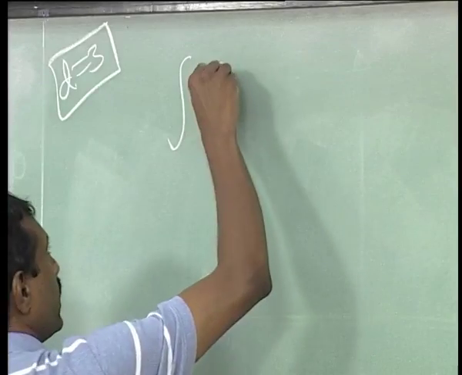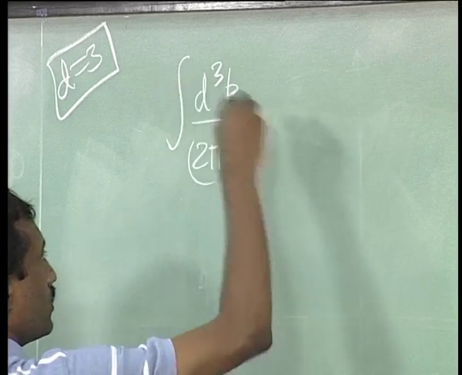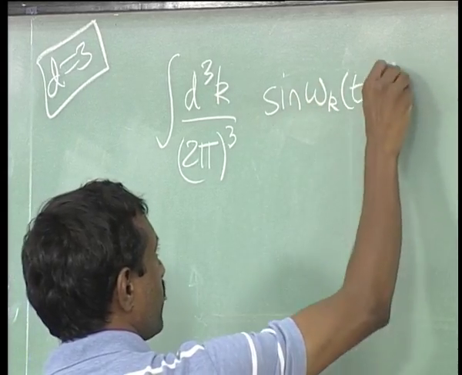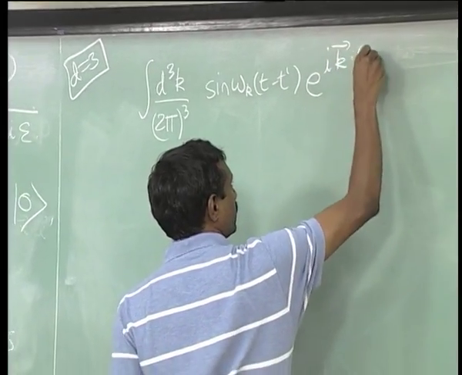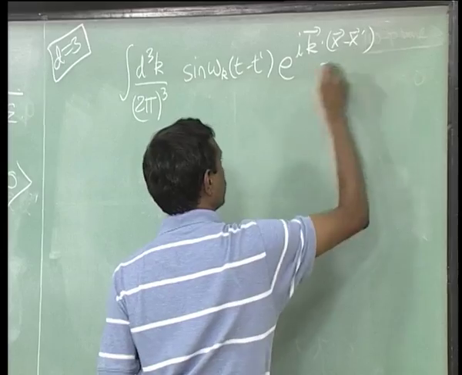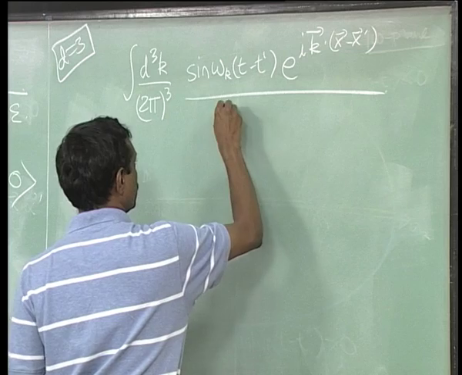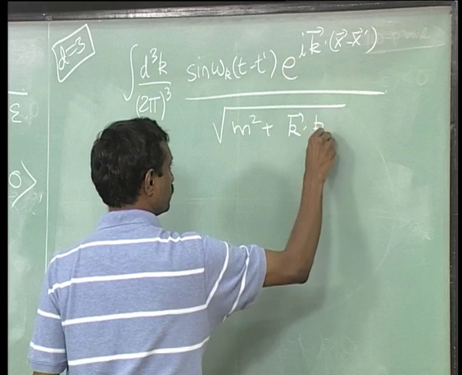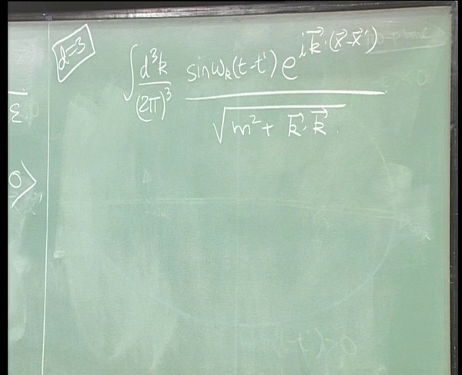So, you have d cubed k divided by 2 pi cubed, sine omega k of t minus t prime, e power i k vector dot x minus x prime, divided by square root of... okay. So, this is the integral we need to carry out.